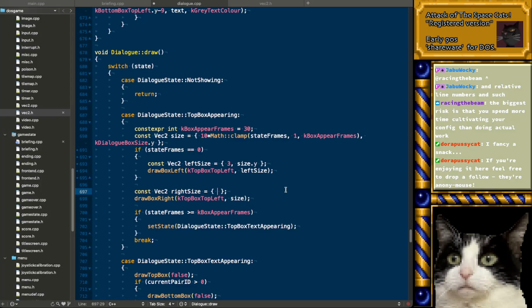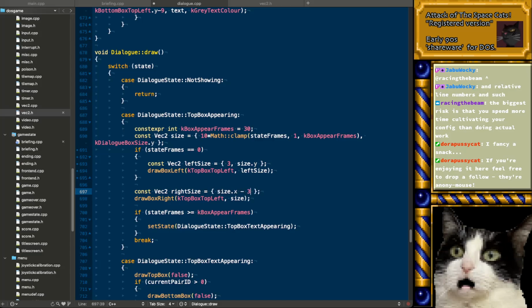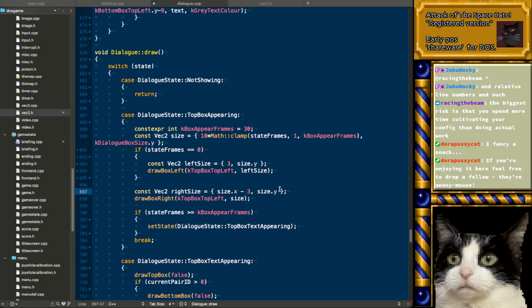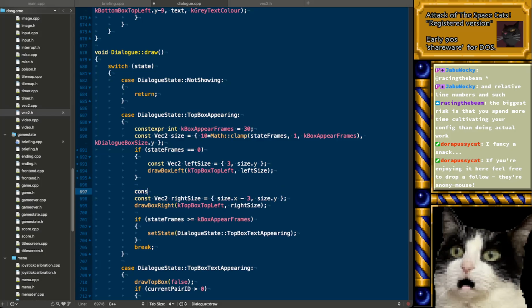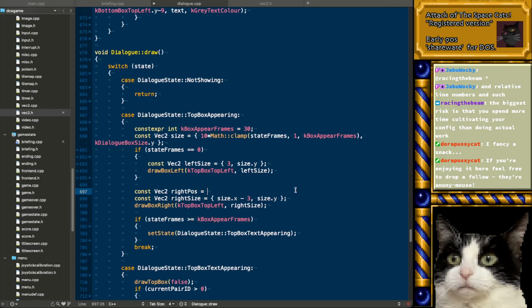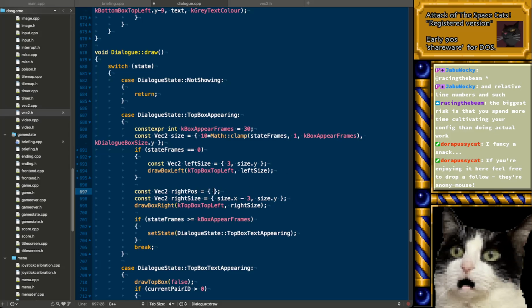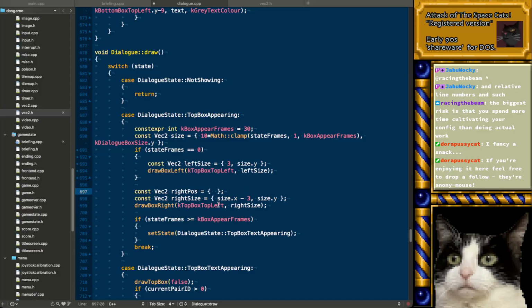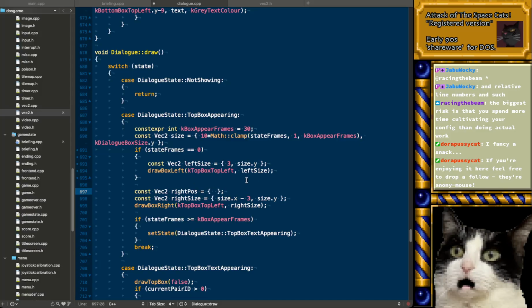Otherwise, well, it's size.x minus 3. Well, I've got 1, isn't it? That's about the size of it. And then my plots is top left plus left size, really.